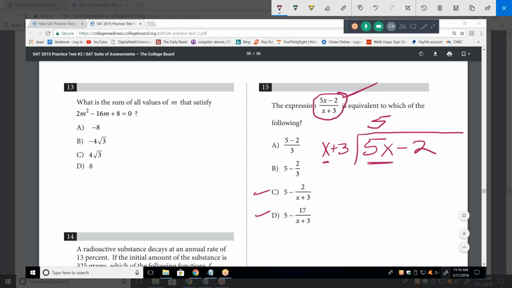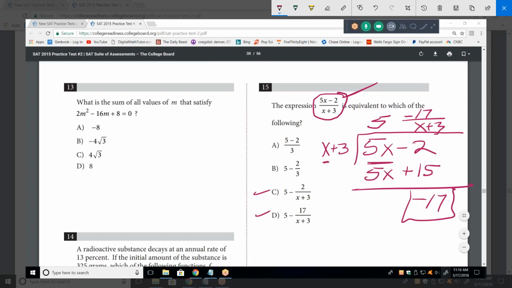Next step is to take the 5, multiply it by both terms. So you get 5x plus 15. And with all long division, you are subtracting always. So we have minus 2 minus 15 is minus 17. Now we're done. What's the answer? D. Okay. And when you get a remainder, what it really means is that it's minus 17 divided by your divisor, which was x plus 3. So that's how you get that answer.